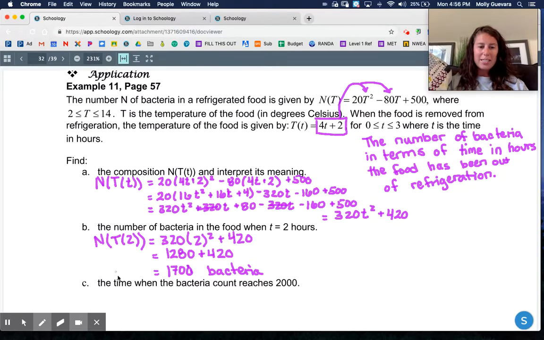Okay, and then the last one is find t when the bacteria count reaches 2000. So now I'm working backwards. I have this equation equal to 2000, and I want to know what is t: how many hours has it been out before it reaches that 2000 bacteria mark. So I'm just going to solve. Subtract 420, so I get 1580.